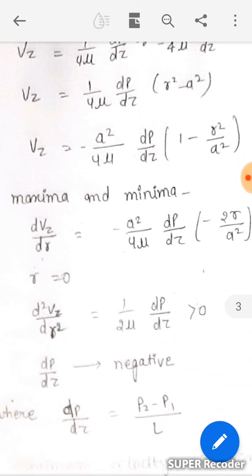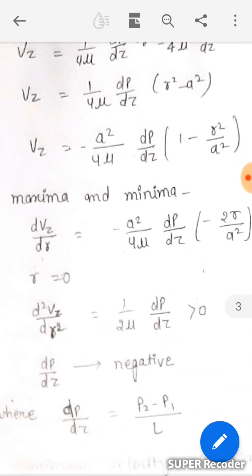So for the maximum and minimum velocity, differentiate equation 8 with respect to r, then we get dVz by dr is equal to minus a square upon 4 mu dp by dz into minus 2r upon a square is equal to 0. So this gives r is equal to 0, and if we get d square Vz by dr square, then putting this value in, we get this is greater than 0.